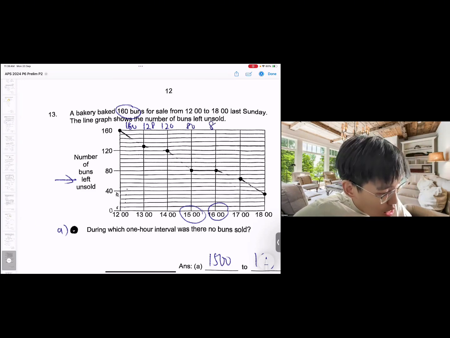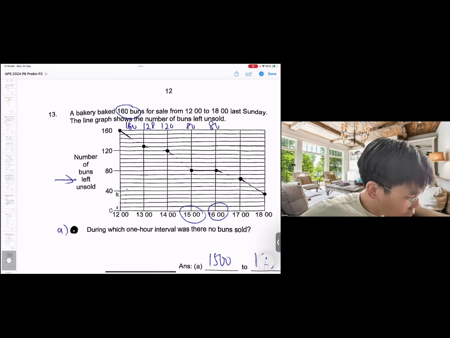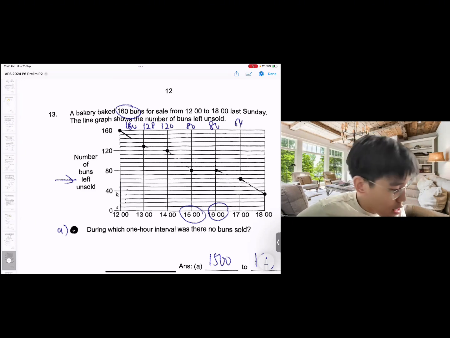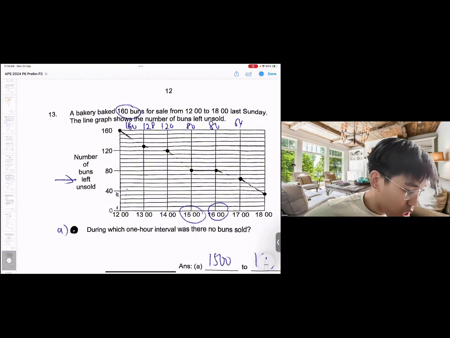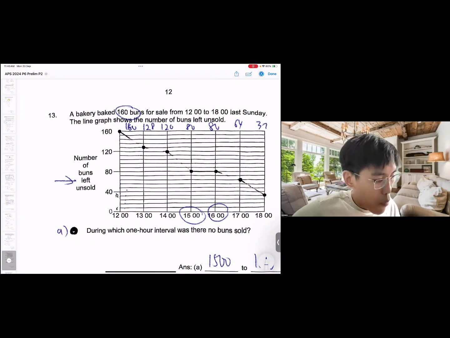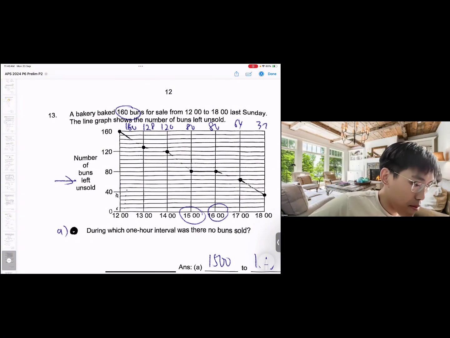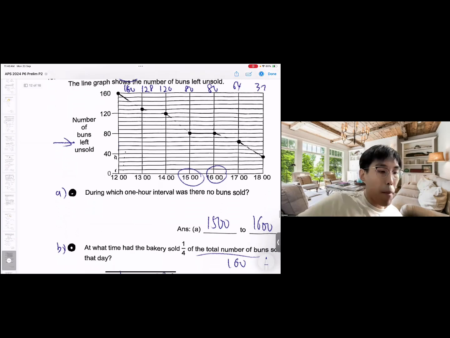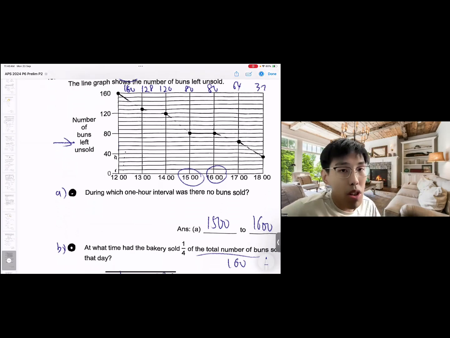What else? 40, 48, 56, 64. And then this one is 30, 32. Like that. Okay, so where did it drop by 40?